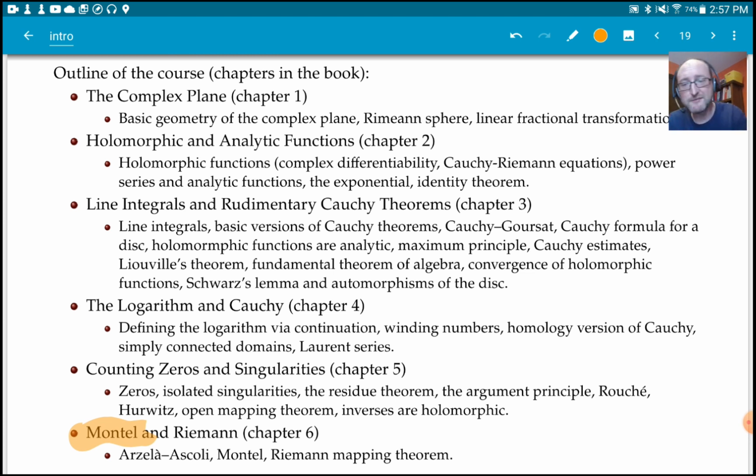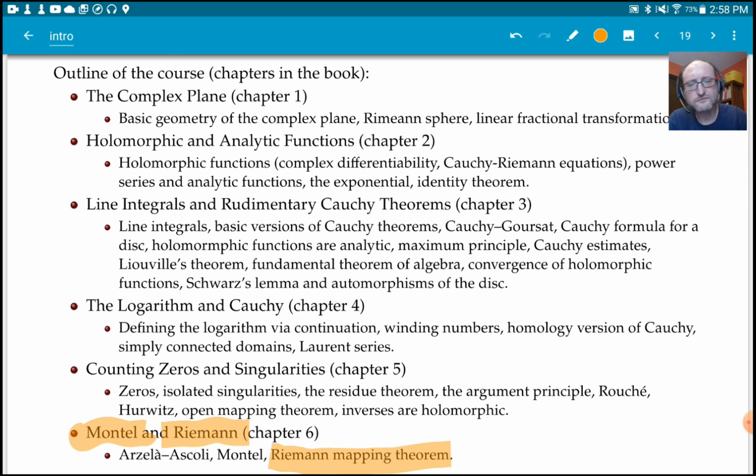Looking at these limits, we also get the Riemann mapping theorem. What this says is that every simply connected domain in the complex plane, except for the complex plane itself, is biholomorphic, so equivalent as far as holomorphic functions are concerned, to the disk.